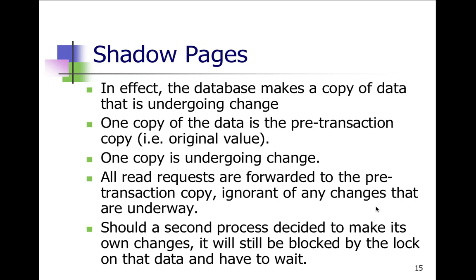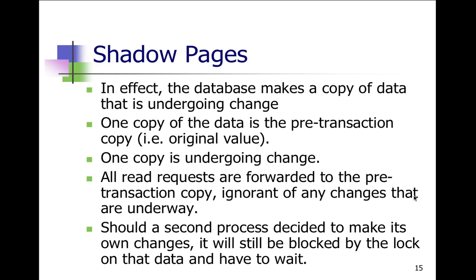So shadow pages, there's your definition of this new vocab word for you for today. The database makes a copy of the data that is undergoing the change. One copy of the data is the pre-transaction copy, or the original value, and the other copy is undergoing the change. So all the read requests are forwarded to the pre-transaction copy that's ignorant of any changes that are underway.